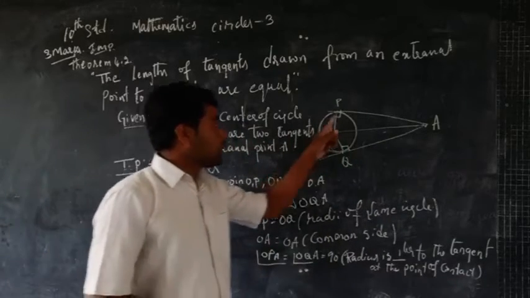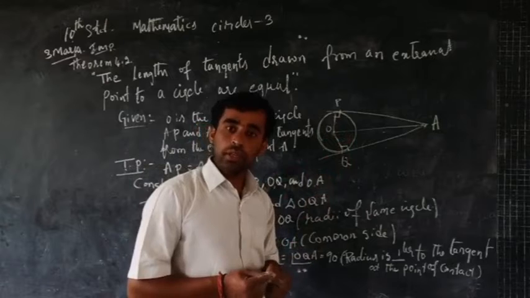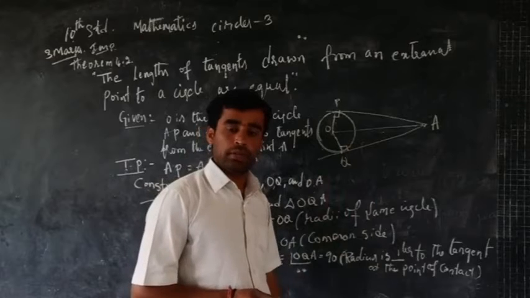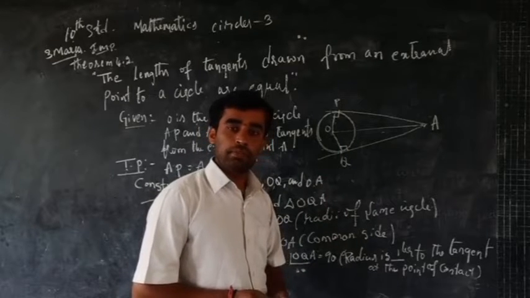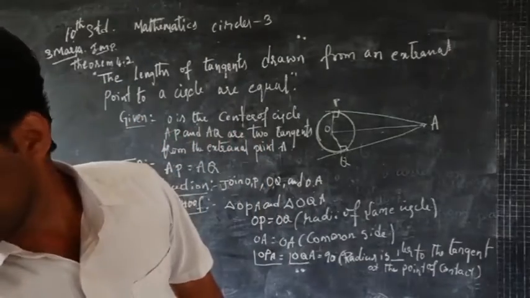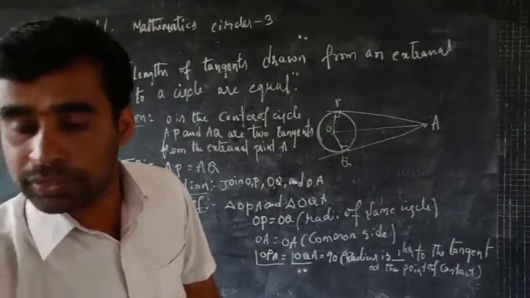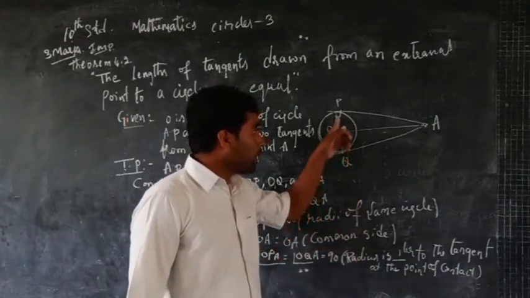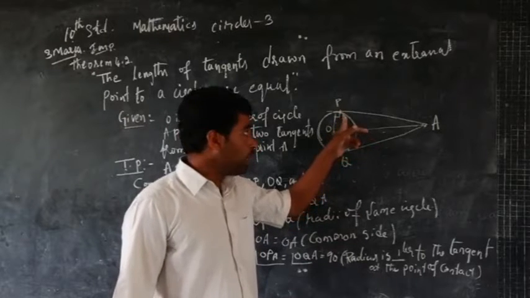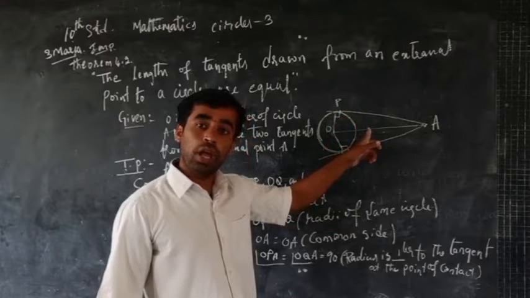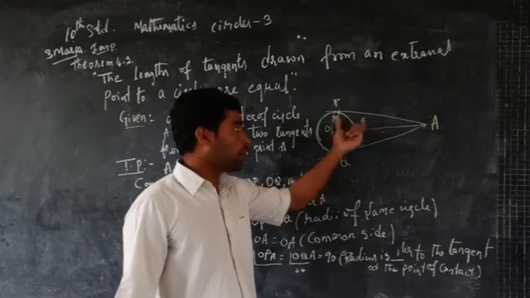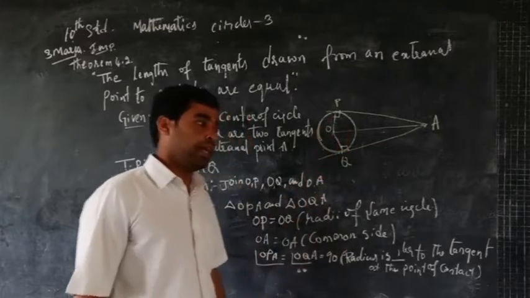Therefore, see here 3 terms which are equal. Easily we can conclude that these 2 triangles are congruent. We have already discussed in the 9th standard some criteria or postulates. So here by using the RHS postulate, we can conclude the triangles are congruent. In a right triangle, the side opposite the 90 degree angle is called the hypotenuse. 90 degree is equal, hypotenuse is equal, and any one of the sides.